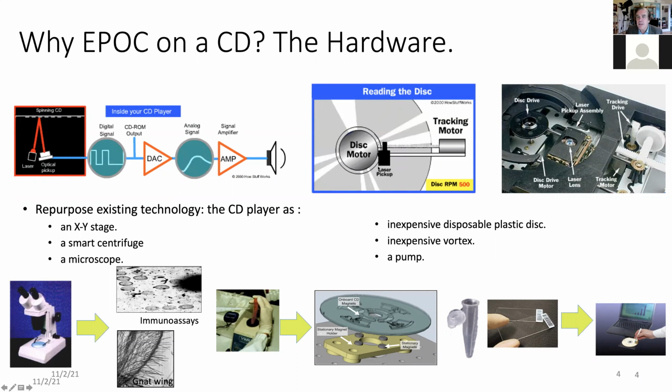So it's also a pump, of course. If I have liquid here, I can pump the liquid towards the rim of the disc. It's an inexpensive vortexer. Vortex is like a mixer. That's kind of logical, right? If you spin this, and while spinning, you have a moving membrane, sorry, a moving metal disc here.